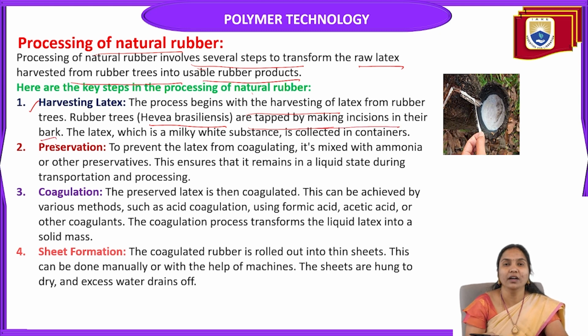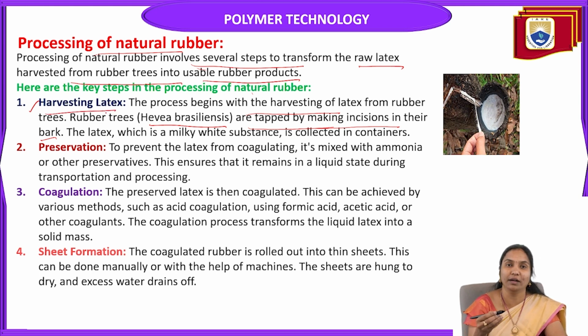When we cut the bark of the rubber tree, it produces a milky white fluid named latex. This is called harvesting of latex.